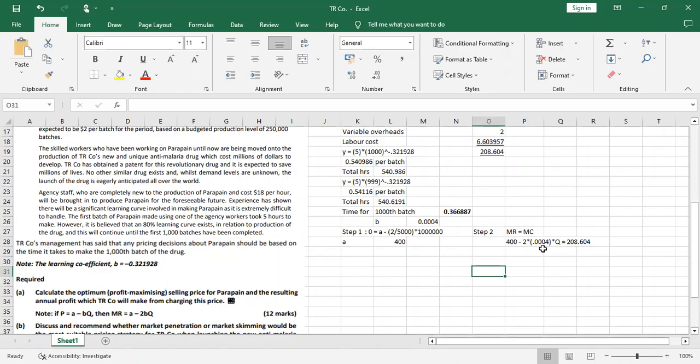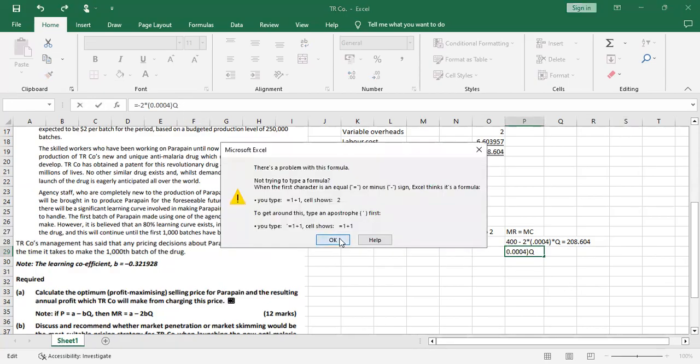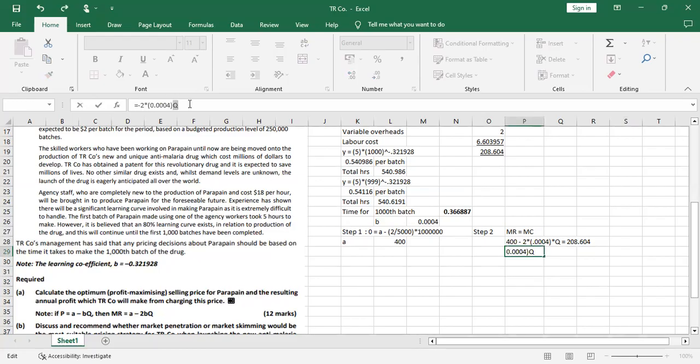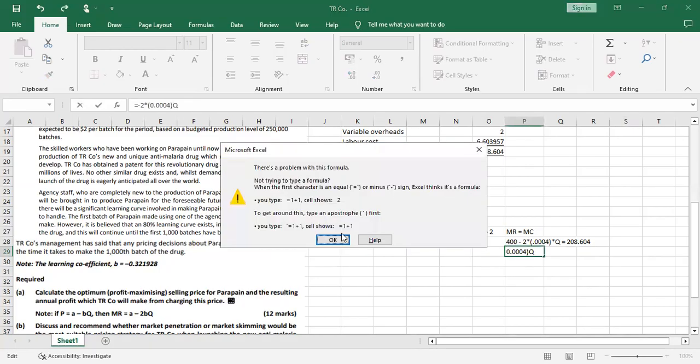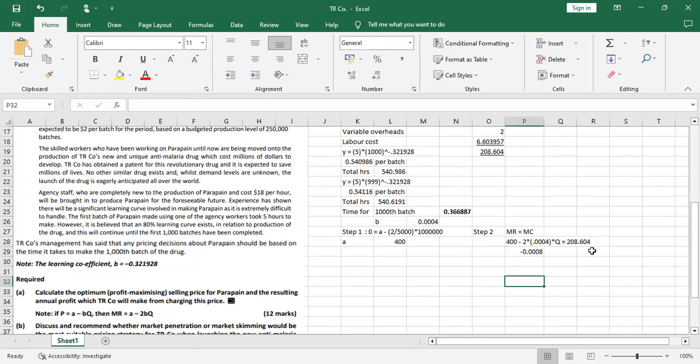So now you can solve this equation. How to solve this equation? First I will write minus 2 into 0.0004 multiplied with Q, but we will adjust the values of 400 and 208 first.